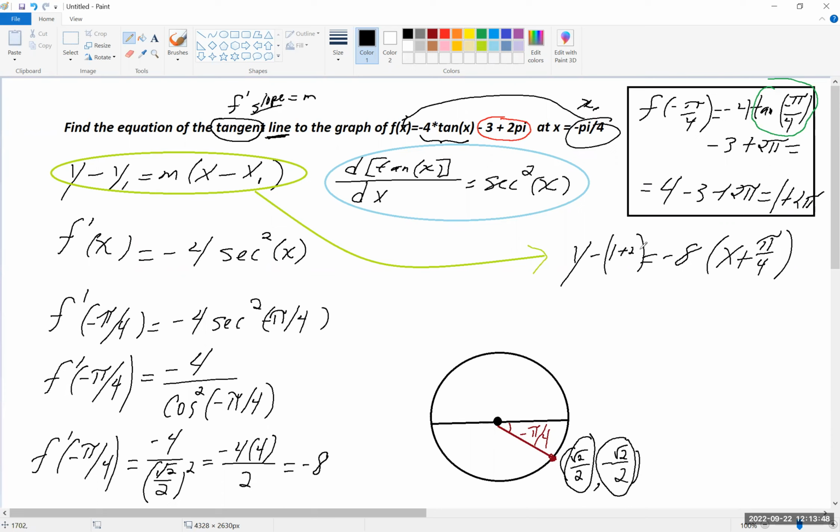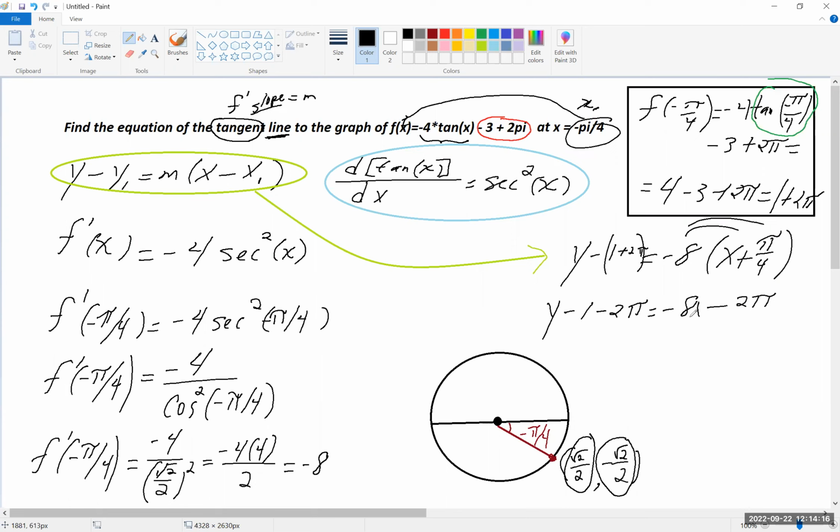So this is going to be 1 plus 2 pi. Maybe a little hard to read, but not so much in the next line. So -1 minus 2 pi. And then I'm going to distribute that 8. So it's going to be minus 8 minus 2 pi. Oh, that works out quite nicely, I would say.